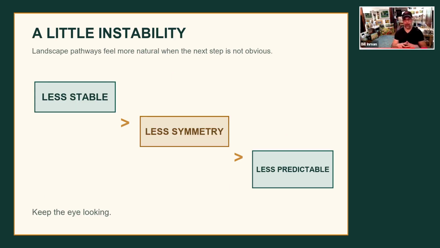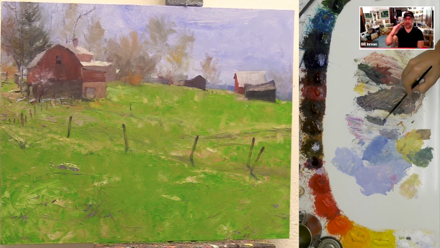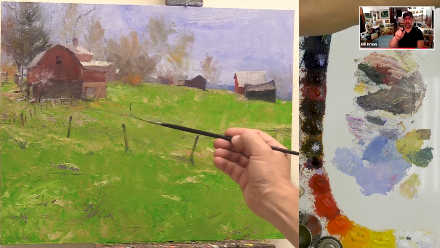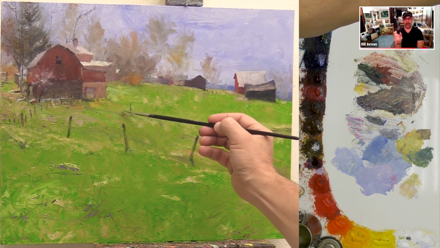So what we're going for as landscape painters is a little bit of instability or unpredictableness rather than stability or symmetry. We don't want things to be too symmetrical, like when we talked about the repetition and the spaces in between things, like pickets on a fence.